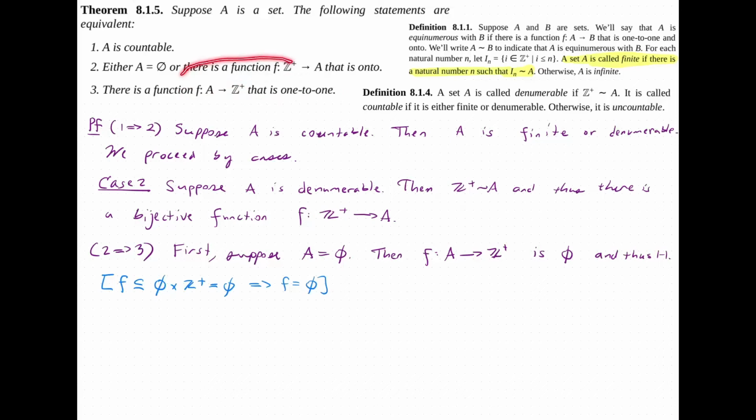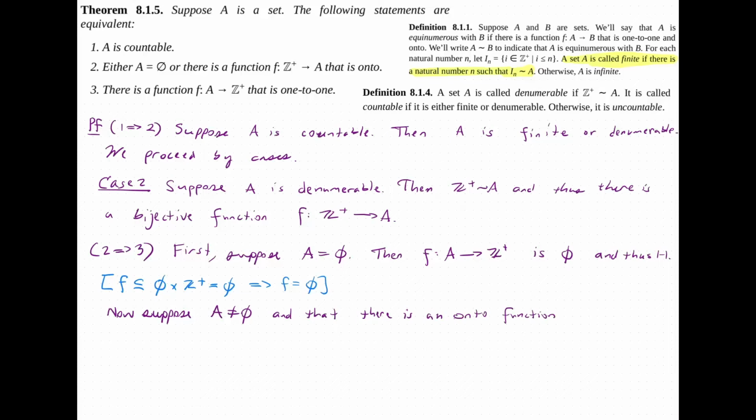So now let's go ahead and suppose that A is non-empty and assume the existence of this function that is onto. So now suppose that A is non-empty and that there is an onto function.